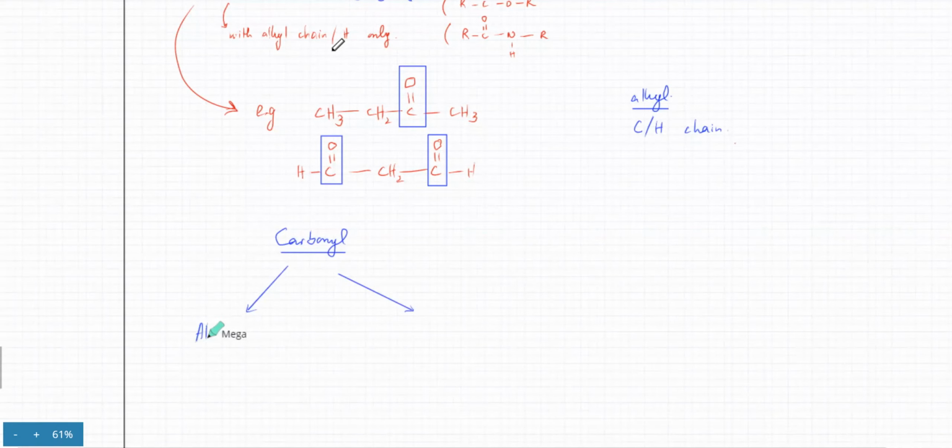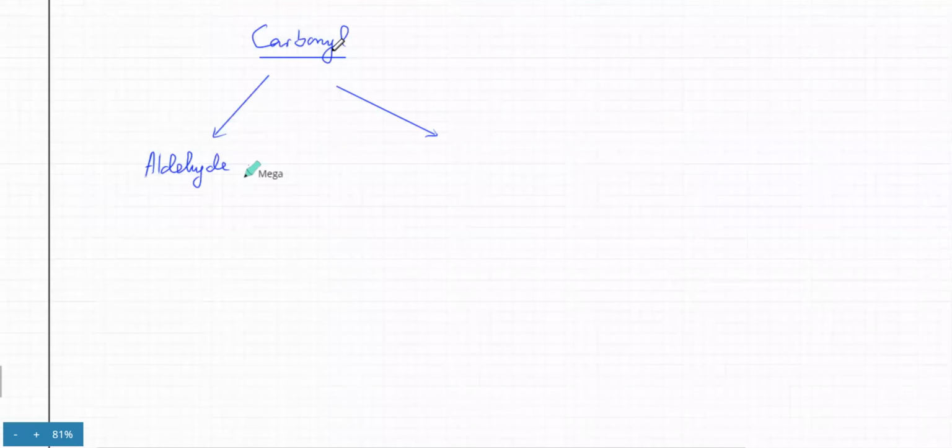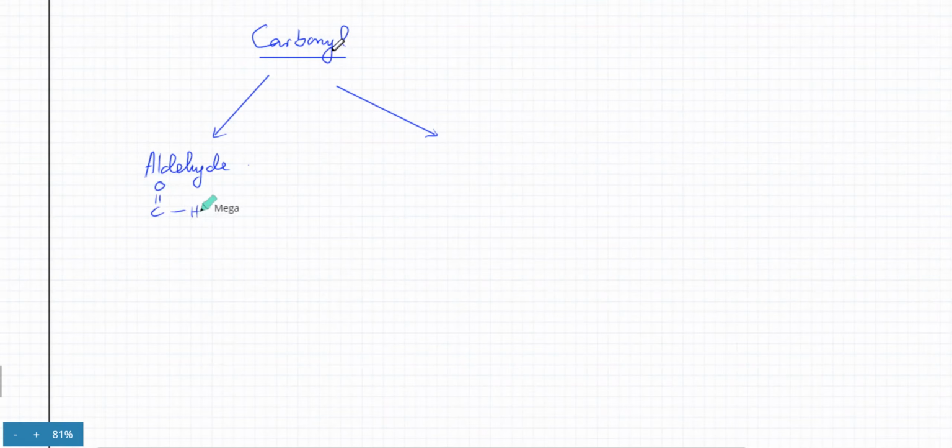What's an aldehyde? So aldehyde is when the C double bond O is right at the end, so there's going to be H. Also remember, I'm going to be using R very frequently.